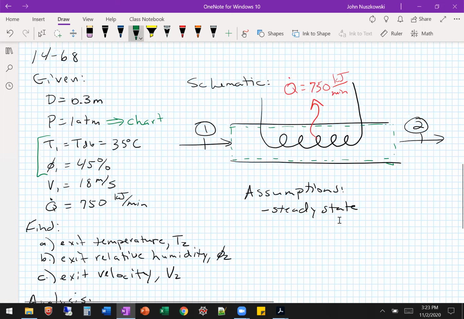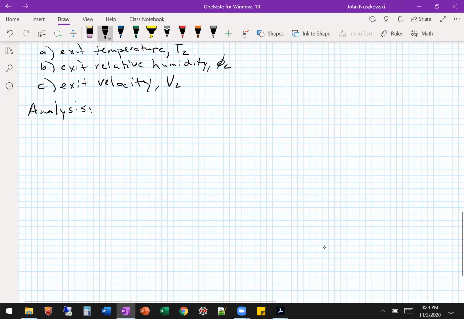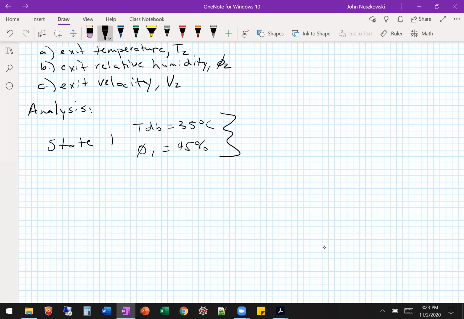I don't see anything, right? So let's at least start there. State one: we have a dry bulb of 35 and a relative humidity of 45%, and then we know we can get anything we want there.